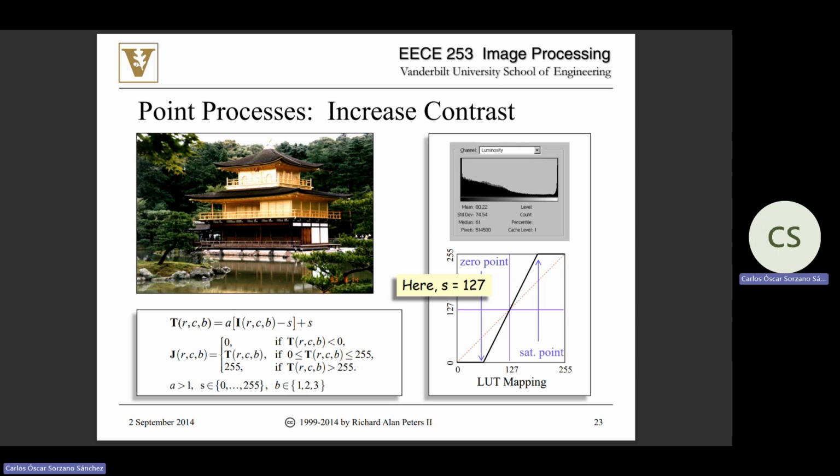We see that we are saturating on both sides, the dark and the white one. The transformation is very simple: if it is smaller than 0, you saturate; if it is larger than 255, you saturate; otherwise you keep it.